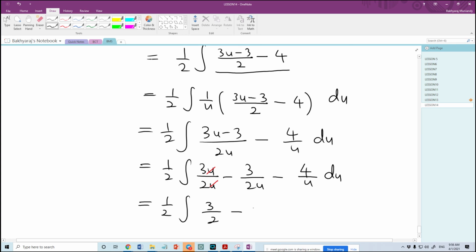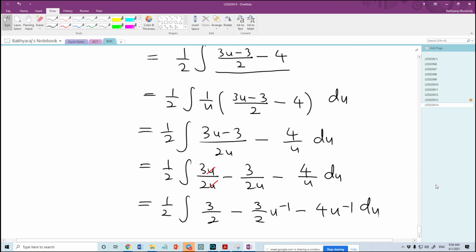Never do that. So 3 over 2 u power of negative 1 minus 4 u power of negative 1 du. That's why I prefer to write negative 1, because of this constant problem I need to avoid.